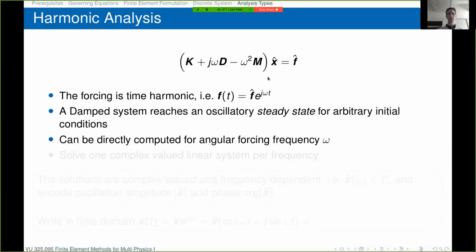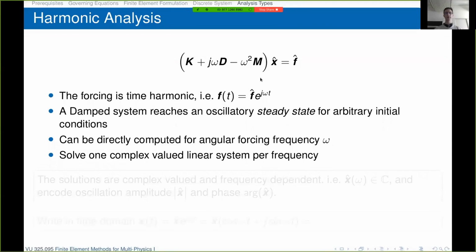We can already see this because our generalized system matrix here, K plus j omega D minus omega squared M, is dependent on the frequency. So naturally the solution will also be frequency dependent. That means we have to solve one complex valued linear system per frequency we want to obtain the harmonic solution at.